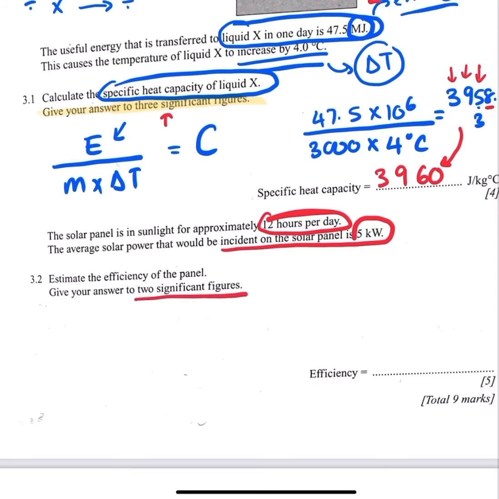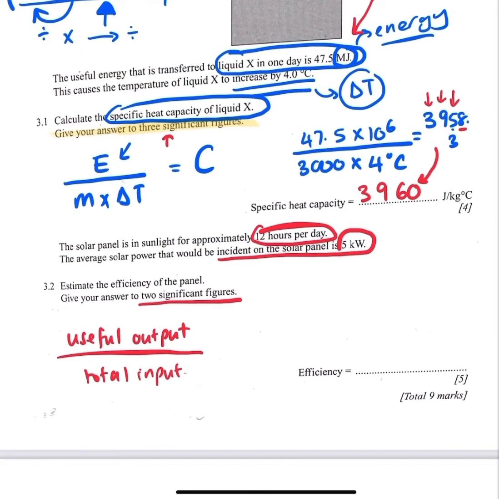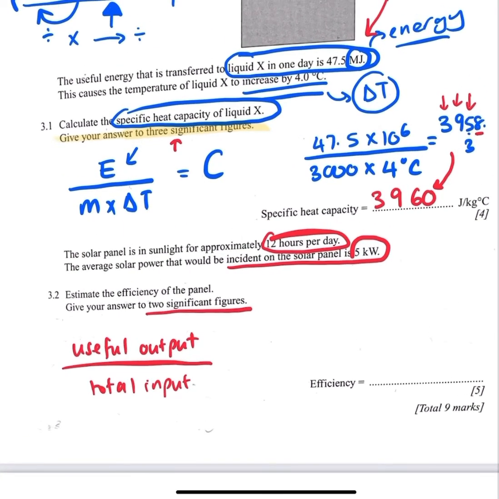Okay, so efficiency. The equation for efficiency is useful output divided by total input. So let's identify what the useful output is. Give yourself 30 seconds to identify it.